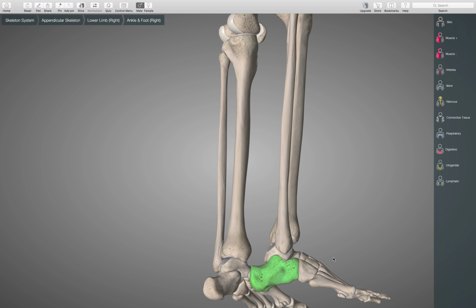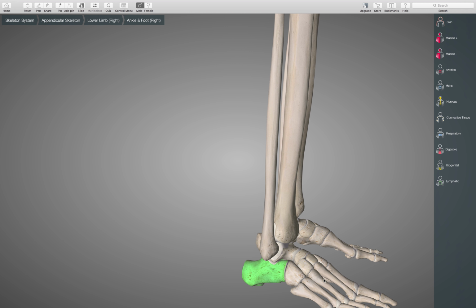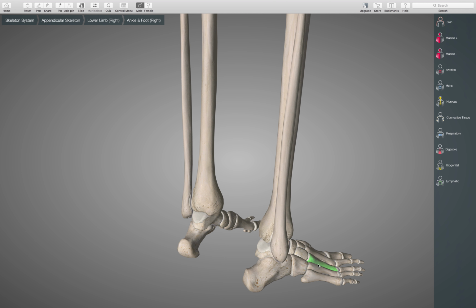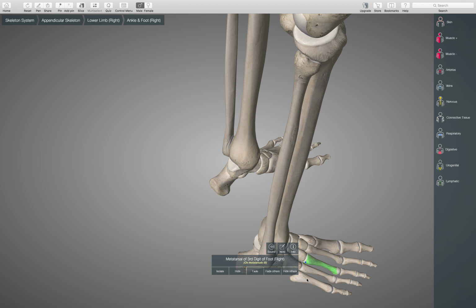There are some long bones here called the metatarsals, but they are unable to separate because they are connected with the integumentary system, the skin.